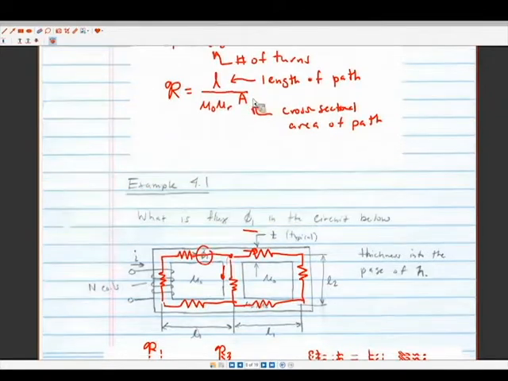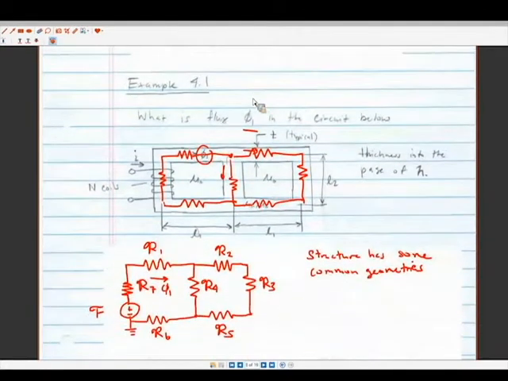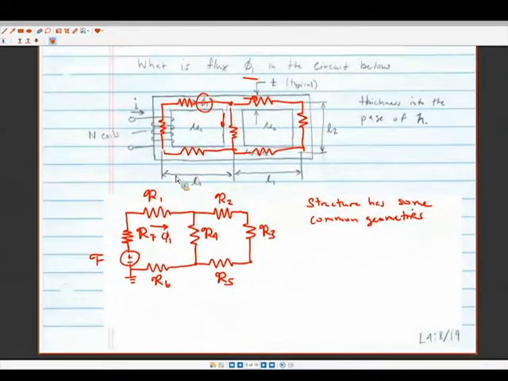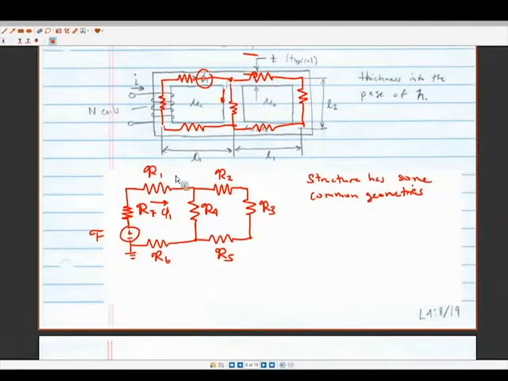You'll note that we have a typical dimension T and H for the thickness in the direction you can see here, and the thickness into the page. And then we have some common lengths. So we see L1, L1, L2, and we're assuming that this is L2 and this is L2 as well. Okay, all right, so we can make our life a little easier here. We can say that R3 is equal to R4 is equal to R7.